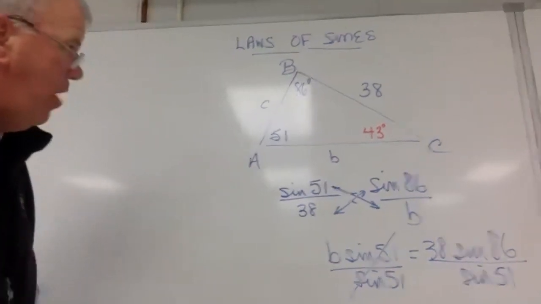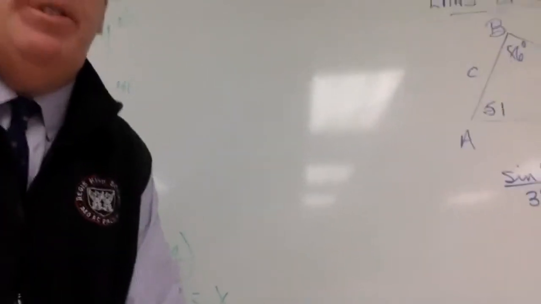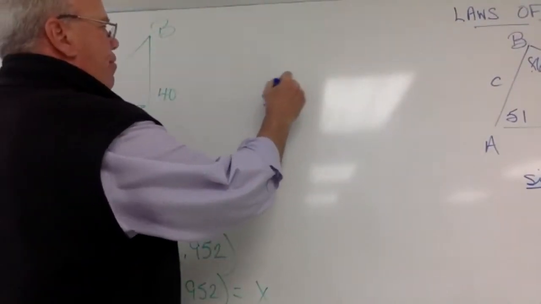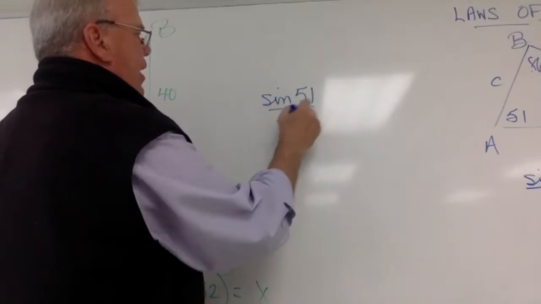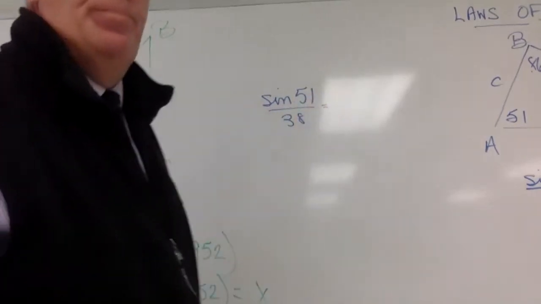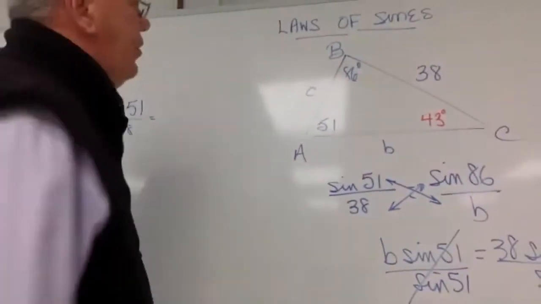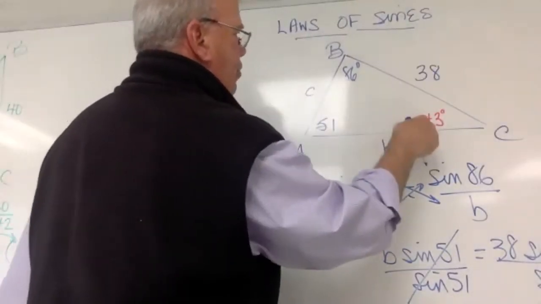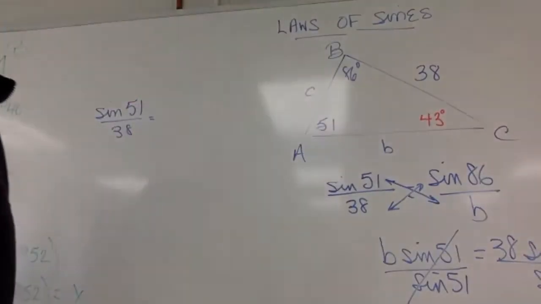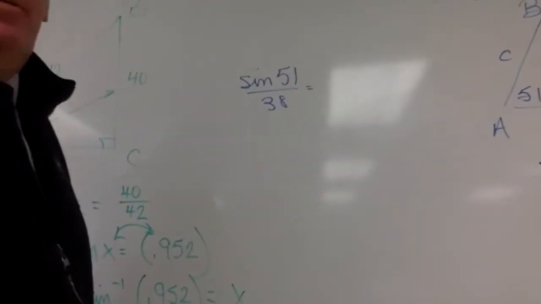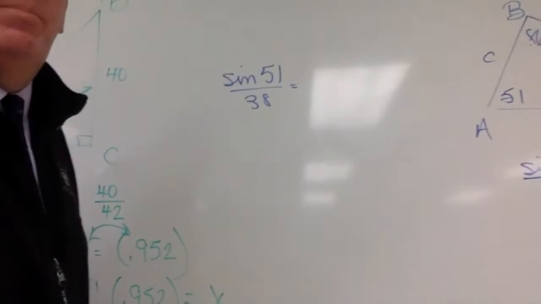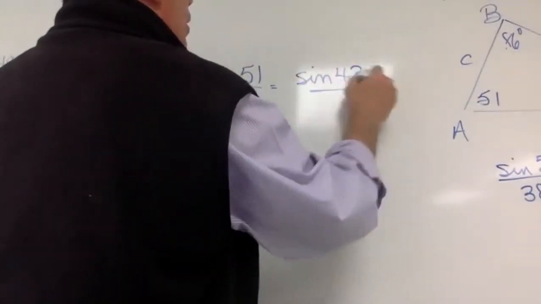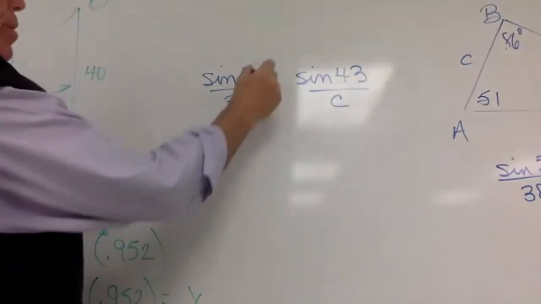Now, how would we find C? Well, we just use the law of sines. So what are we going to write? The sine of 51 over 38 has to be equal to the sine of 43 over C. All right, and then what do we do?